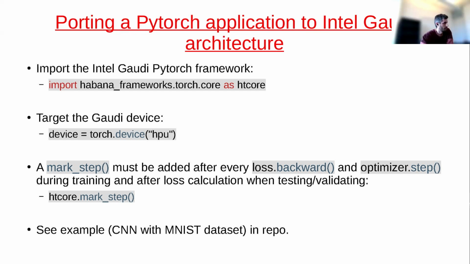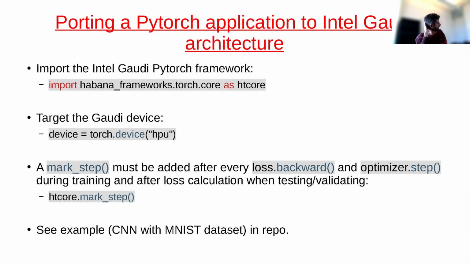You need to include this mark step every time you do the backward pass and the optimizer step. And then you need to do it as well if you are doing loss calculation when you are testing or validating your model. I'm going to show you an example of how to do this.